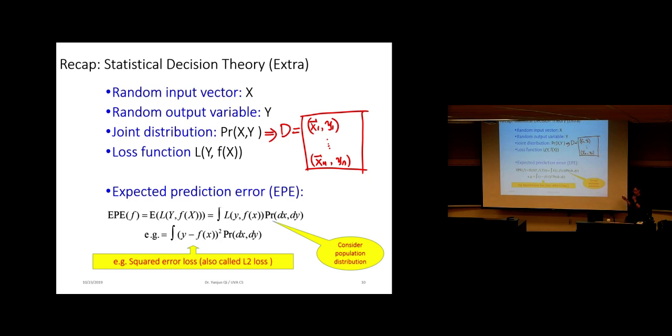If you remember this page, we decomposed the whole error, called the expected prediction error, which considers all the joint probability, not just y or just x, but the joint probability of x and y, and then takes the expectation of the loss function L. In the L2 case, we proved you can decompose it into the bias and variance trade-off in the regression case.